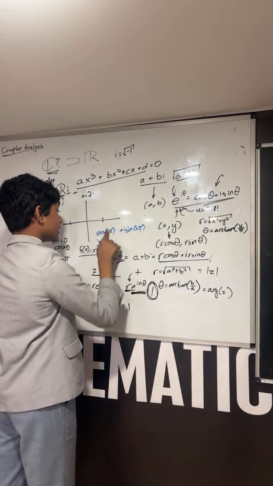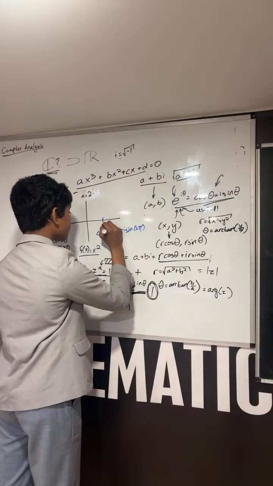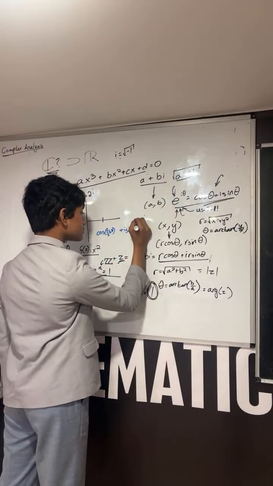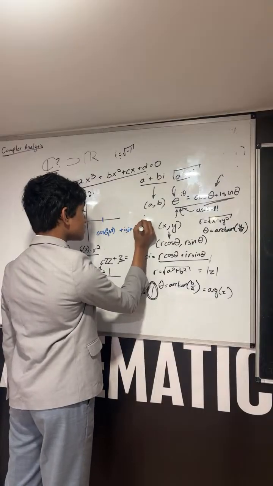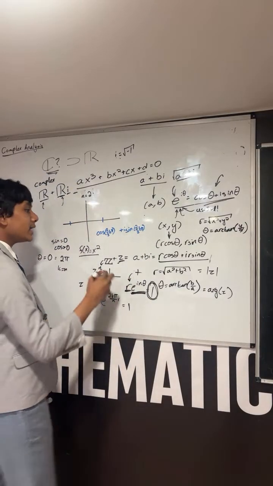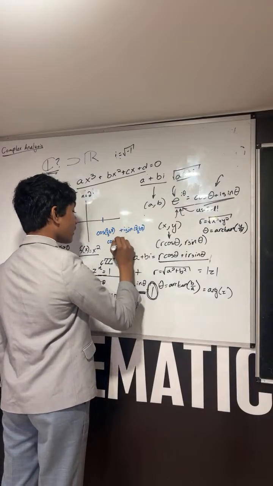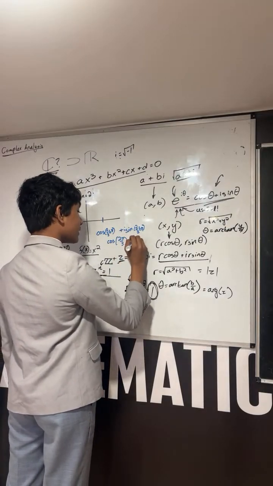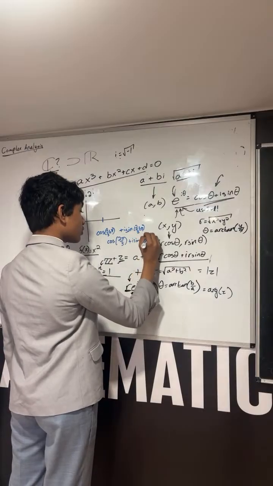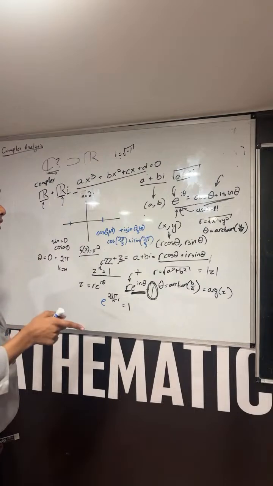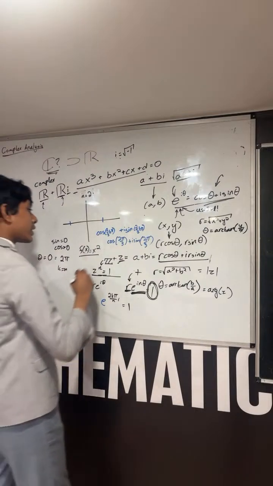Now let's try 3. So that's going to give us 2/3 k pi. Now you plug in 1 again, and you get cosine 2 pi over 3 plus i sine 2 pi over 3. Unfortunately, my brain only works in degrees, so I have to convert it. 180 over 3, that's 60, 120.